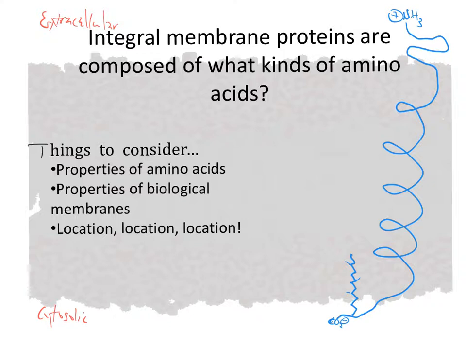If you see a structure, or a hydropathy index, which we'll see in just a moment, and all of a sudden you see one or two charged or polar amino acids inside the membrane, they are very, very important. God put them there for a reason. Many times it's for protein-protein interactions. It's almost like a way to lock the two proteins together. If you have a positive charge right here and a negative charge there, they're going to be really attracted to each other because they're in a hydrophobic environment. It's almost like a way to Velcro them together.